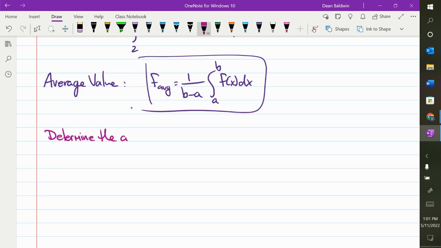Determine the average value of f of x equals 3x squared minus 2x on the interval 1 to 4.